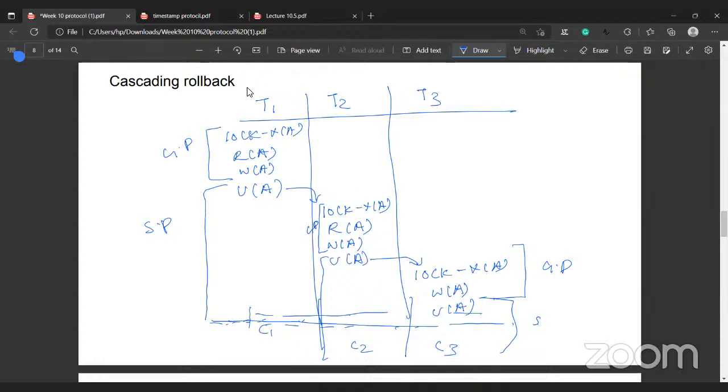So in two-phase locking protocol, this cascading rollback may happen. So everyone got it? It may happen, not always, but it is a disadvantage, so we'll consider it.